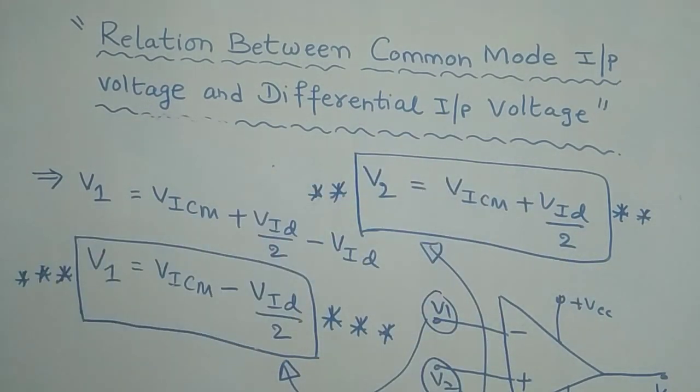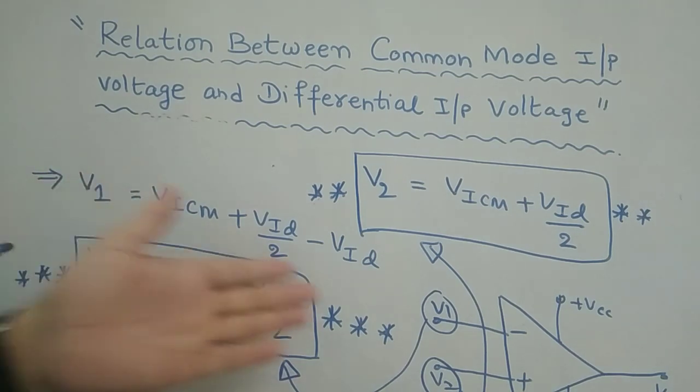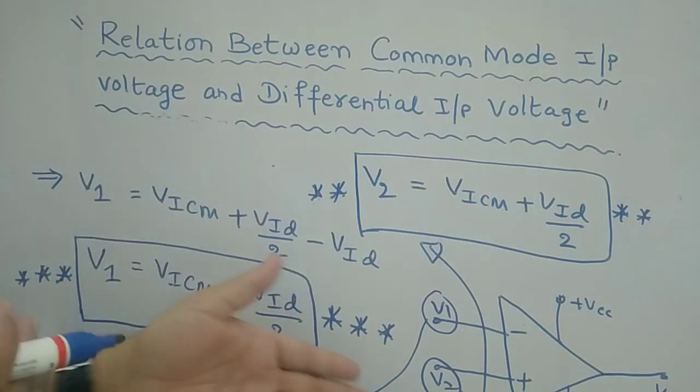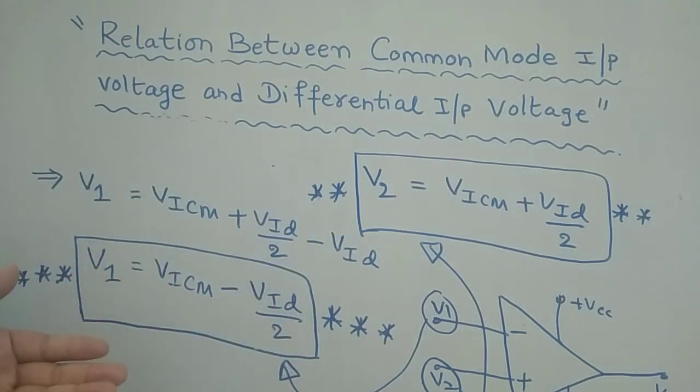It is very easy to remember, but very important relationships. This gives very important information: the relations for V1 and V2 in terms of the common mode voltage and the differential input voltage. This is one of the very important relations that need to be remembered, right?